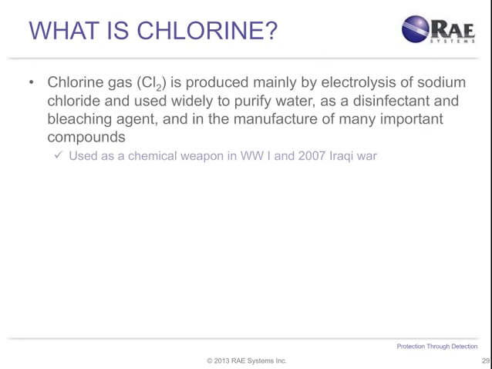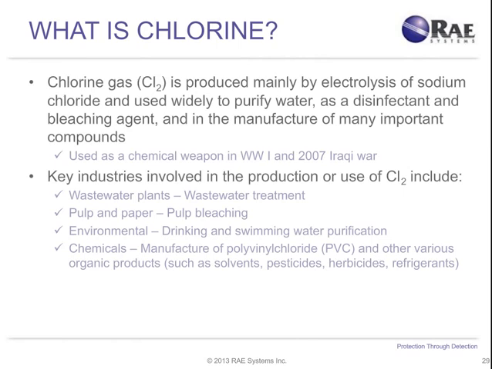Chlorine is used as a disinfectant to purify water, and it's used in different household cleaners and bleaches. But at the same time, chlorine was used during World War I and during the Iraqi War in 2007 as a chemical weapon, because it irritates the respiratory system and may actually cause death.